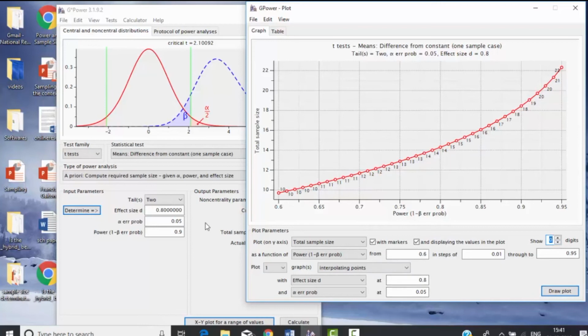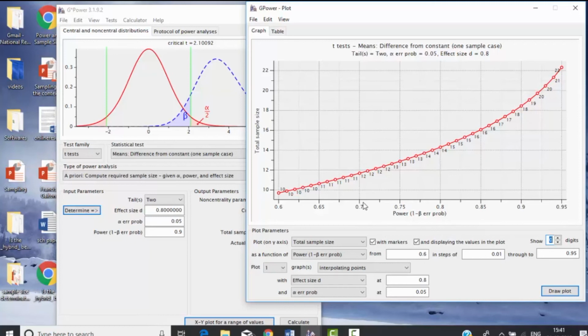Therefore, you will see here the total sample size as it goes up to 19 to 20, you are getting almost 0.95 here. What does the graph indicate to us?